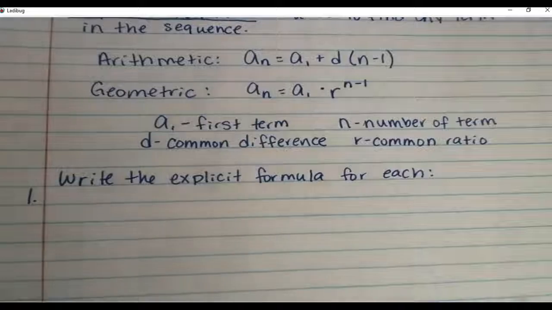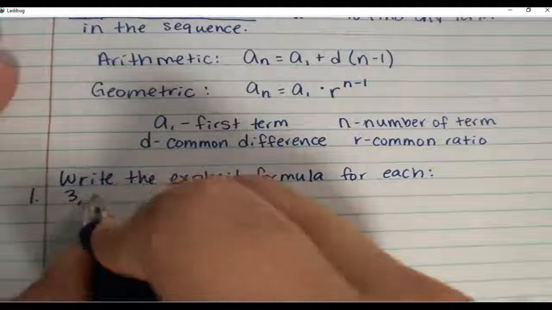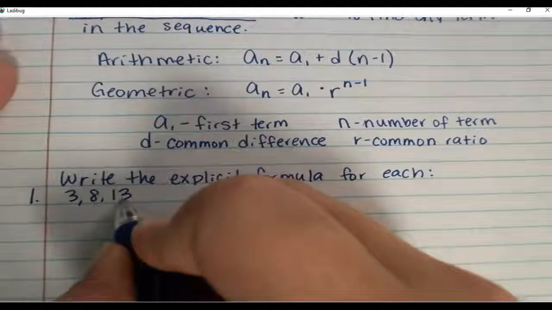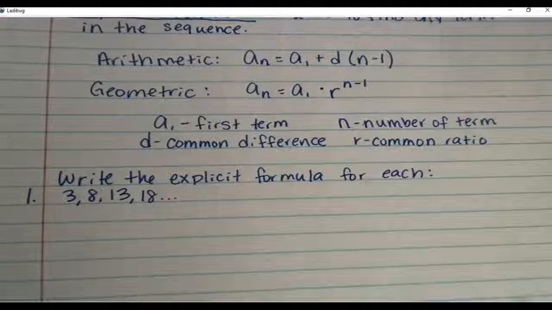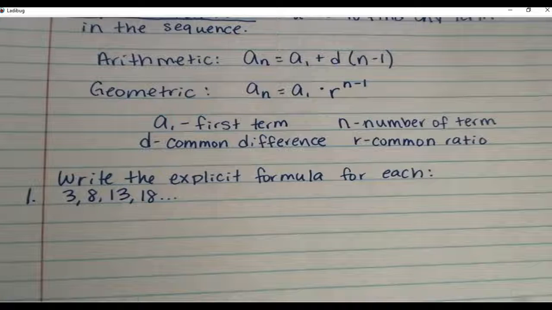So let's say first we have the sequence 3, 8, 13, 18, etc. So to write the explicit formula, first we have to decide, is it arithmetic or geometric?